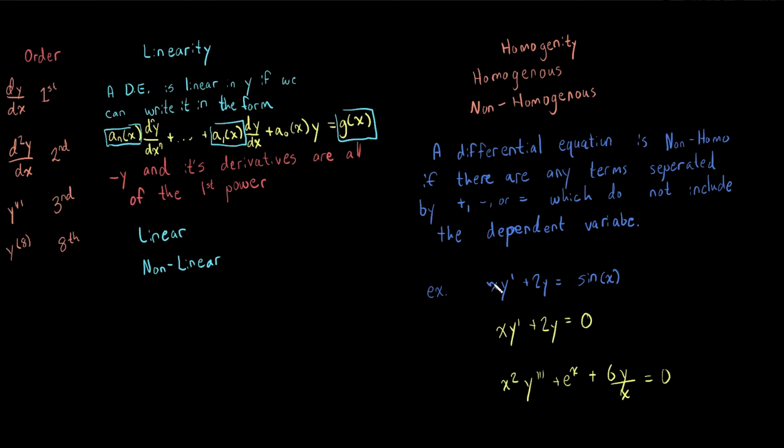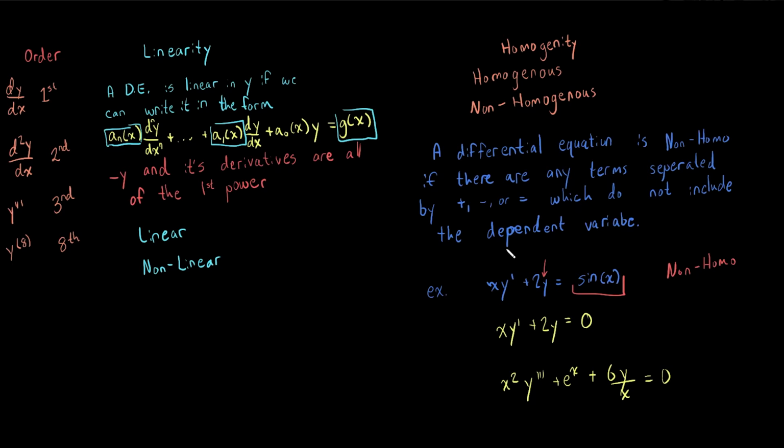If you'll notice that in our first example, we have xy prime plus 2y is equal to sine of x. We do have indeed an additive term right here in our sine of x. It doesn't include any dependent variables, our dependent variable being y. Since it does not include any dependent variables, we can classify this as a non-homogeneous differential equation.